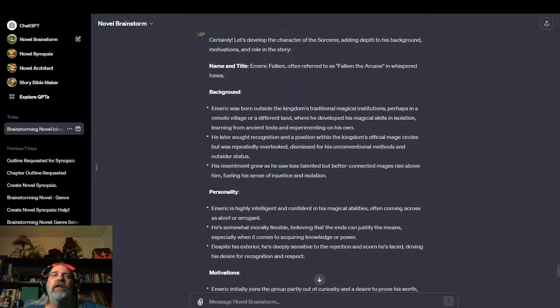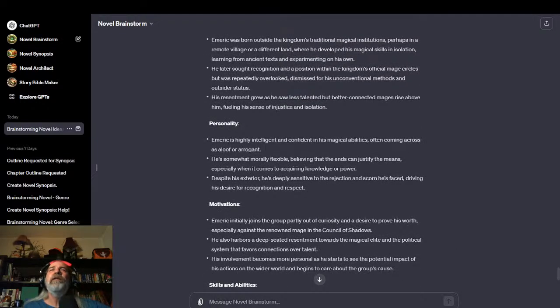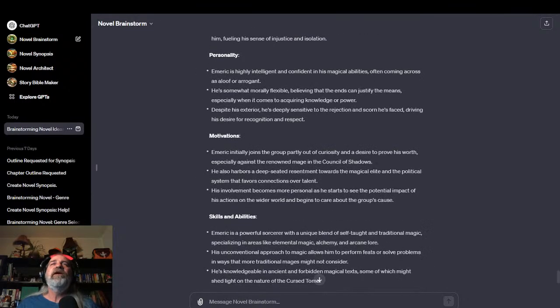So it's on point. Got that on point. Highly intelligent and confident, often coming across as aloof or arrogant. Somewhat morally flexible, believing that the ends can justify the means, especially when it comes to acquiring knowledge or power. Despite his exterior, he's deeply sensitive to the rejection and scorn he's faced, driving his desire for recognition and respect.